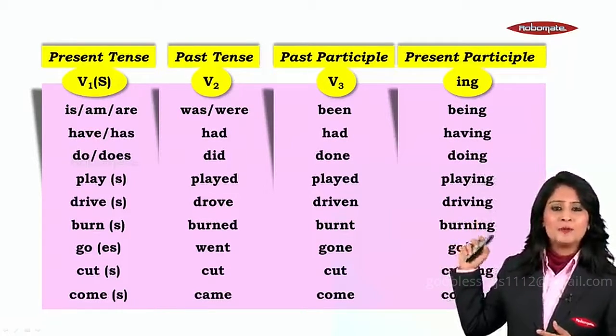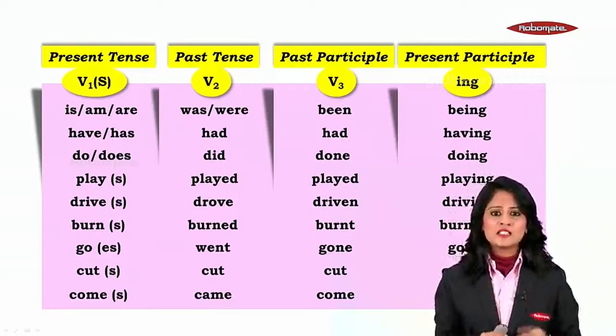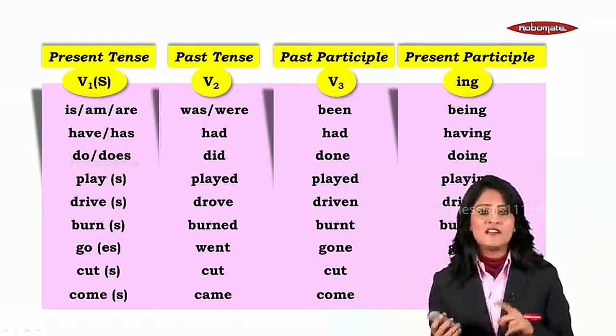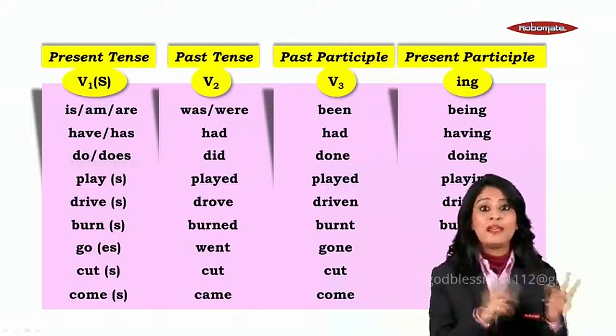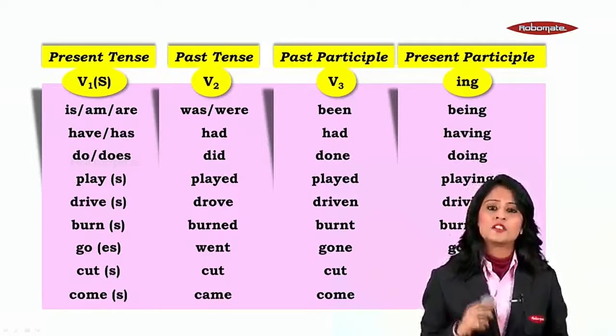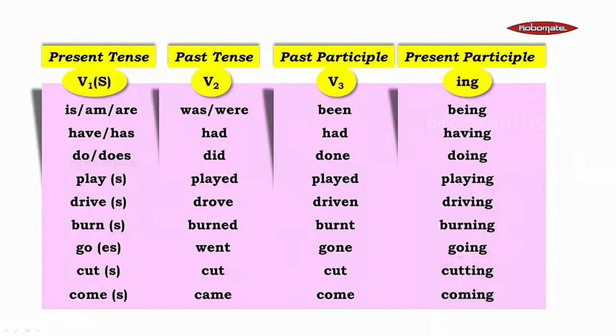So hence we have playing. The next we have is drive, again with the S, drives. Now the past tense changes. We do not have drived, the way we had play, played. This time we have drove. The past participle is driven. The present participle is driving.